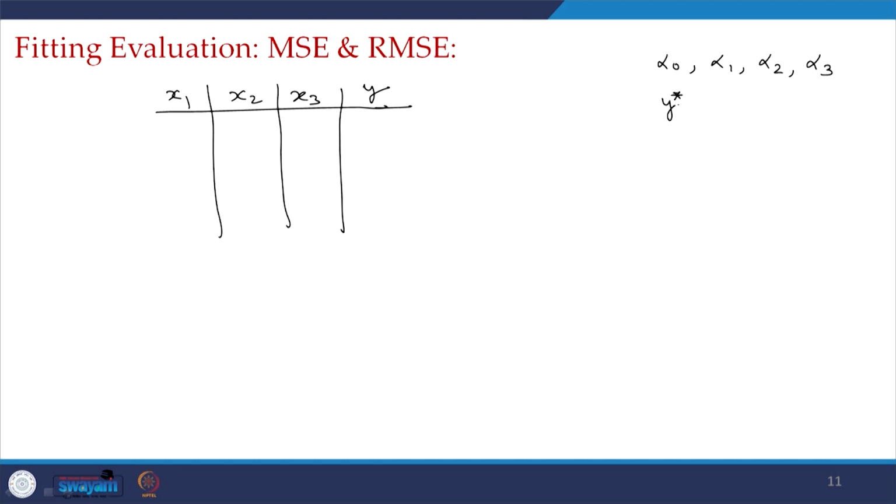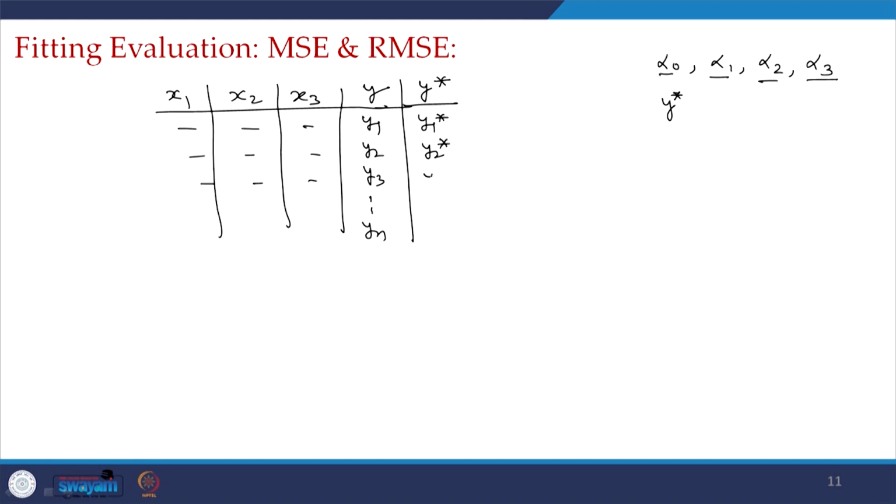So, let us say, now what will I do? The y values are y 1, y 2, y 3 and up to y n, and similarly all the other values. Now, whatever values of alpha 0, alpha 1, alpha 2 and alpha 3 you have found, I will check this data again, and let us say I am getting the values y 1 star, y 2 star, y 3 star and so on.